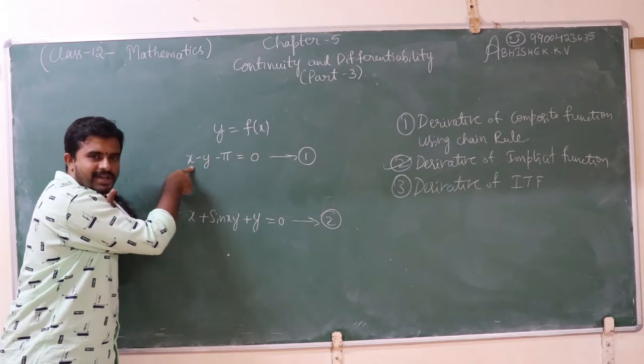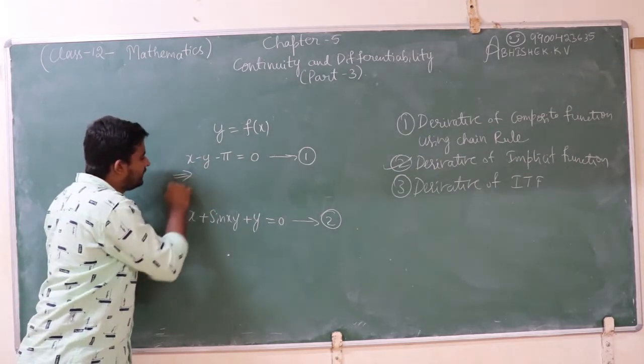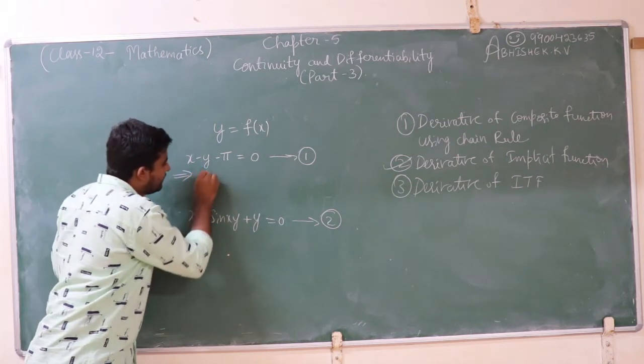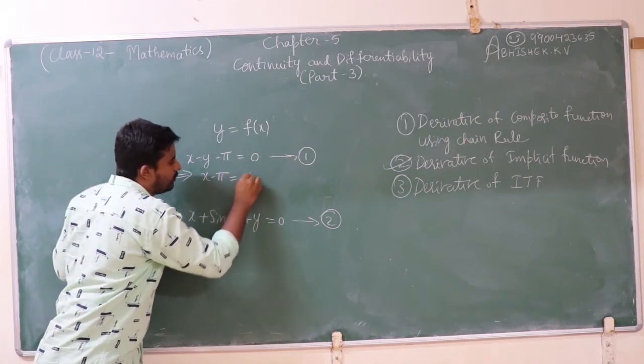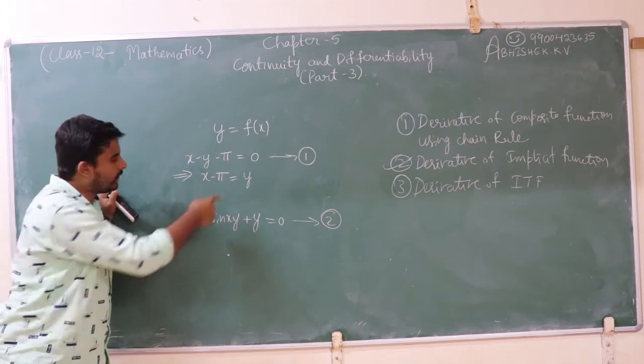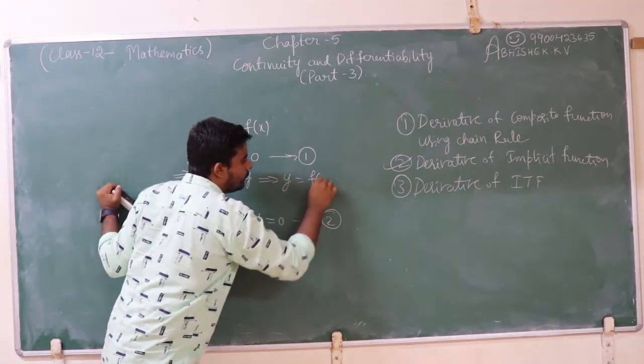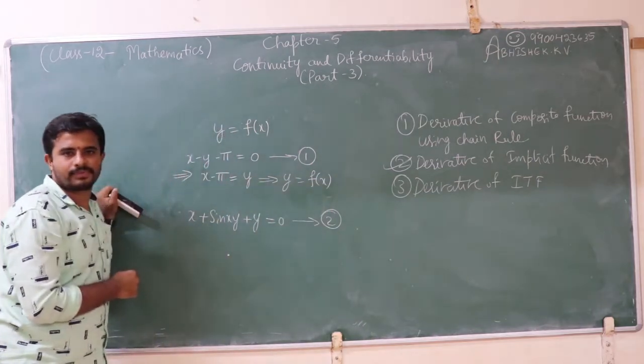Observe equation 1. Here we can easily solve it for y: x minus pi is equal to y. Therefore, it is of the form y is equal to f of x.